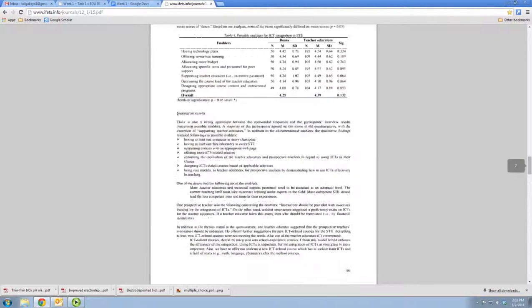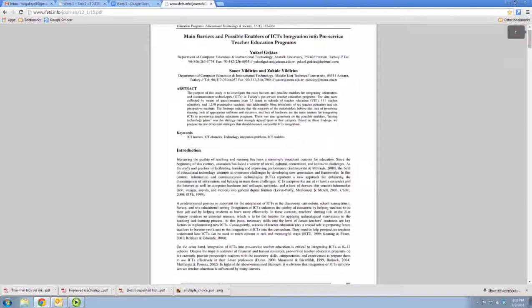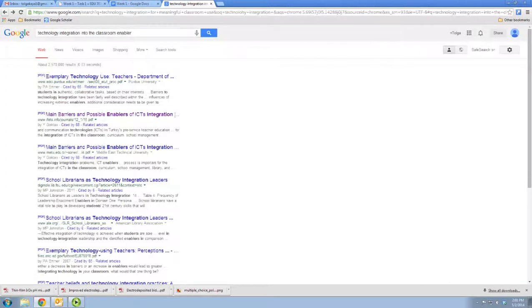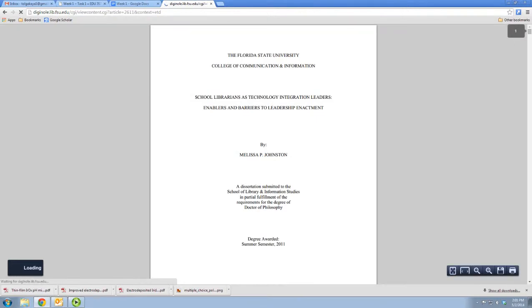Okay. What else? So I guess this is the same paper. School librarians as technology integration leaders. Oh, another thesis?